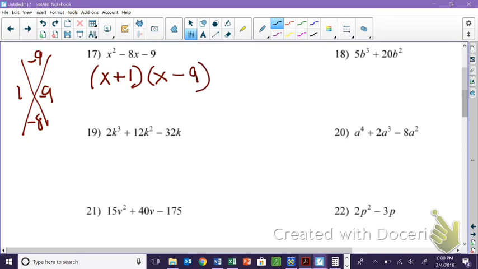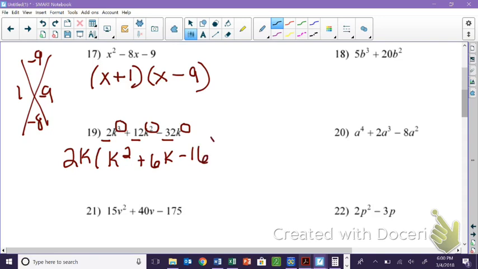This one, look, they are all evens, and they also share a k. So you have to factor out a 2k from every single term. K squared plus 6k minus 16. At this point, you should be able to factor it.